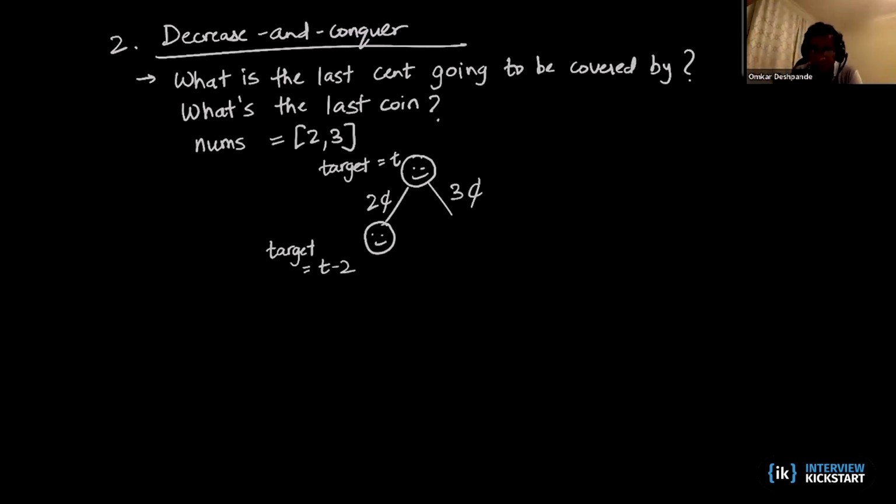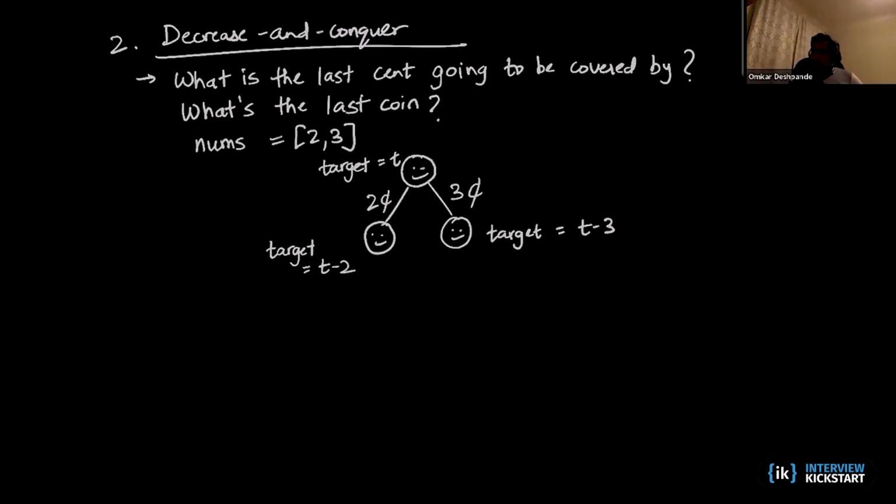That's the remaining subproblem. Likewise, I want to know from another of my hires the number of ways of making up a target amount of t minus 3, because I'm assuming 3 cents as the last coin.